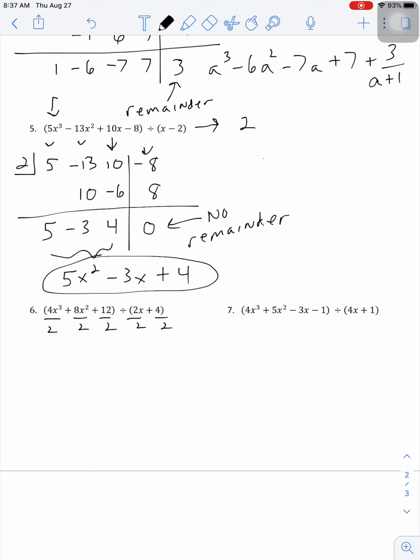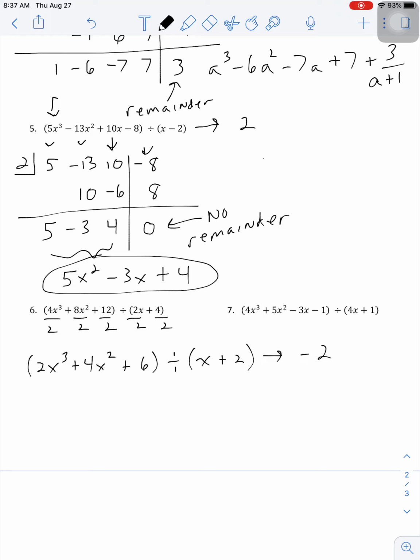Okay, all right, so that's going to leave us with 2x cubed plus 4x squared plus 6 divided by x plus 2. Okay, so it makes it smaller and easier to work with.